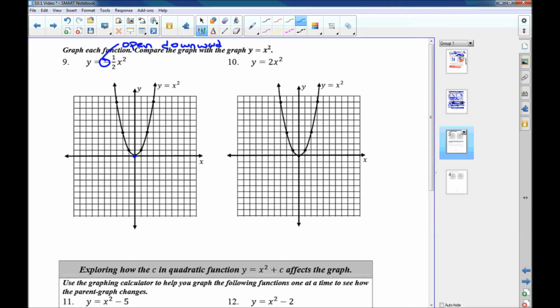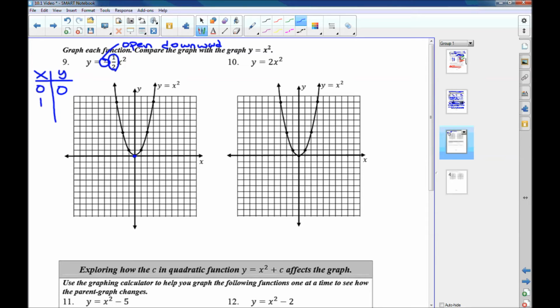It's going to open downward, and the 1/2 is going to make my graph get wider. The absolute value of negative 1/2 is 1/2. Let's plot some points using a table and see how the wideness factor works. For 0, 0 squared is 0, and times negative 1/2 is still 0. That's why our vertex didn't move.